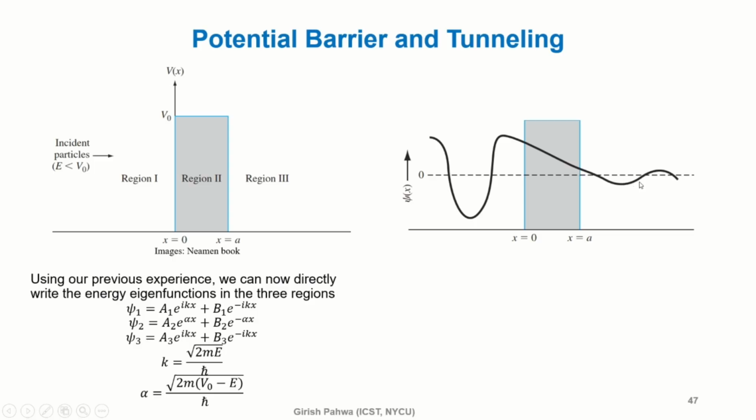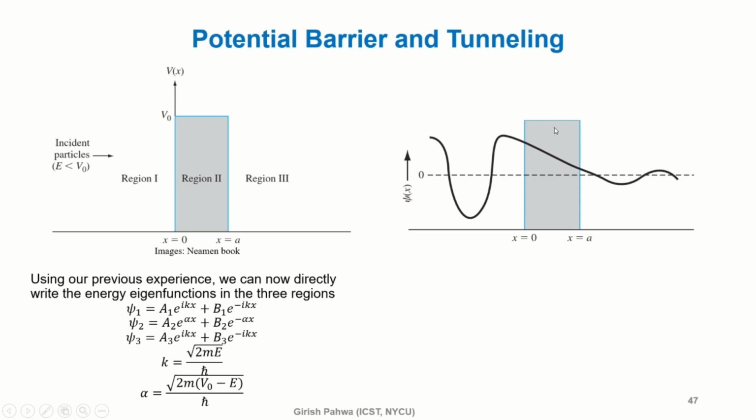Now what about the amplitude? The amplitude here is larger, so if you take mod psi square, the particle has a larger probability of being found here. Then there is a barrier and it tunnels into region number 3, but the probability density is smaller. Depending upon the height of the barrier, this amplitude may decrease or increase.